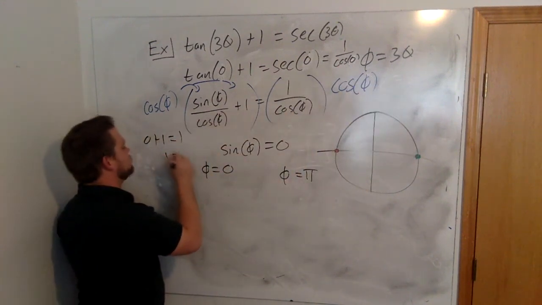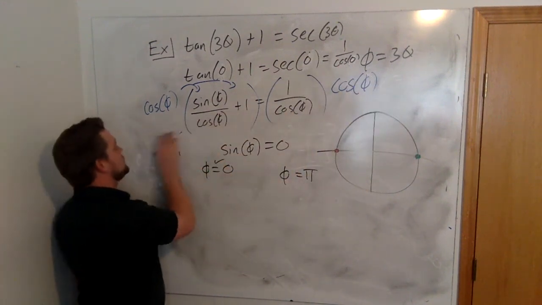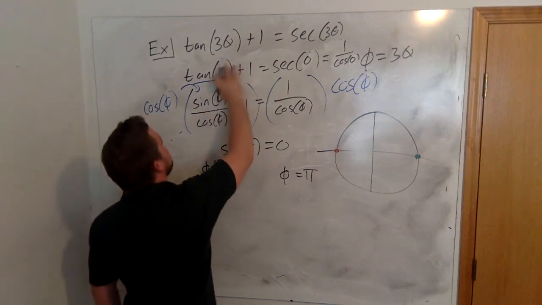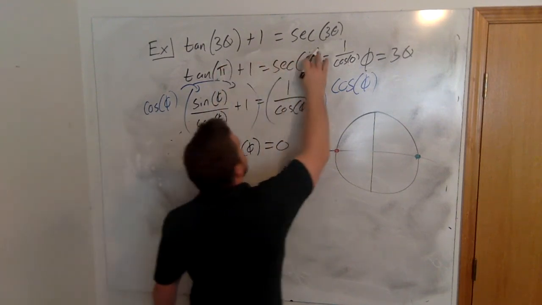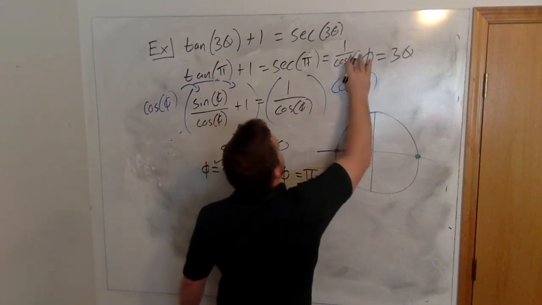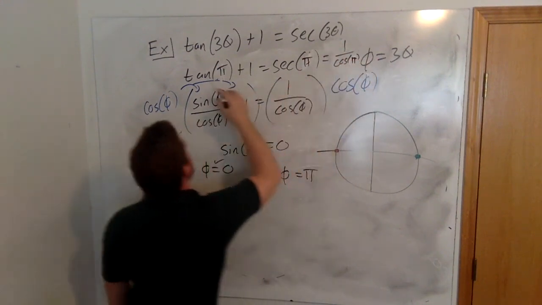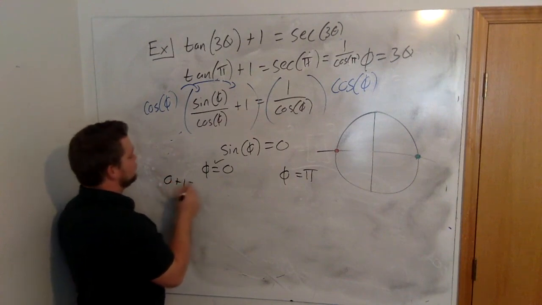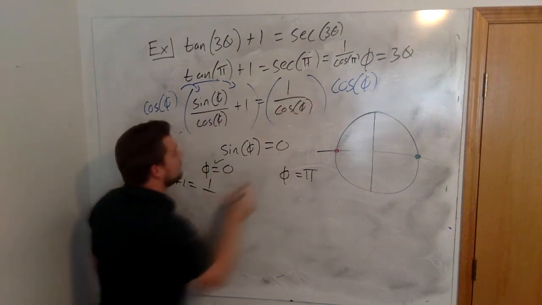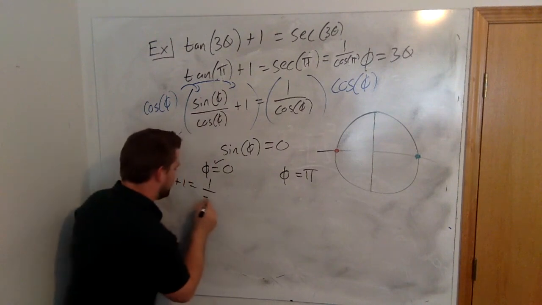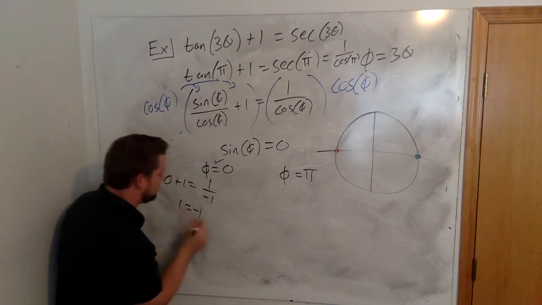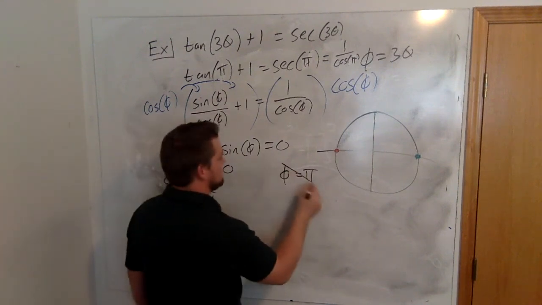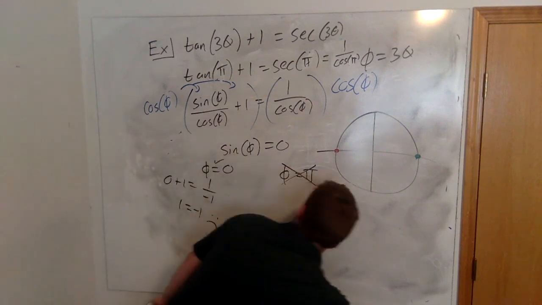We get 1 equals 1. This is a good solution. If we plugged in pi, well, tangent of pi is 0, so 0 plus 1, but this is going to be 1 over cosine of pi, which is -1, so you get 1 equals -1, which is a false statement, so this solution here is no good.